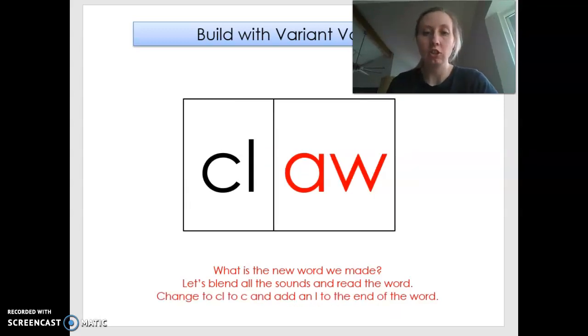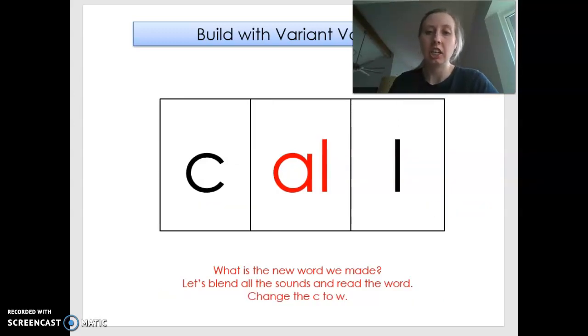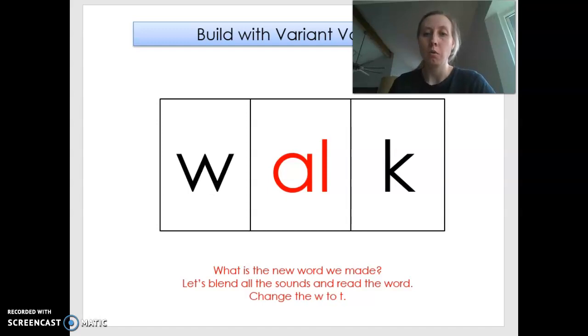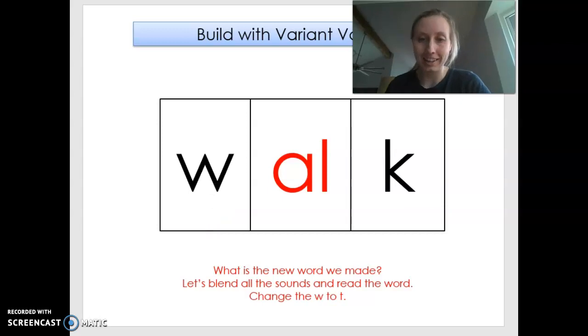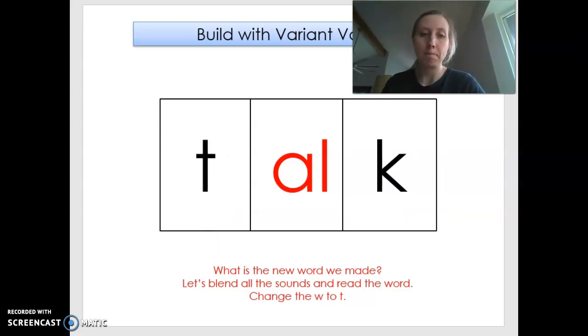Change the cl to k and add an ul to the end. So this is going to be k and then ul. It'd be call. Change the k to w, and change the ul to k. So walk. That one was a little tricky. Change the w to t, talk.